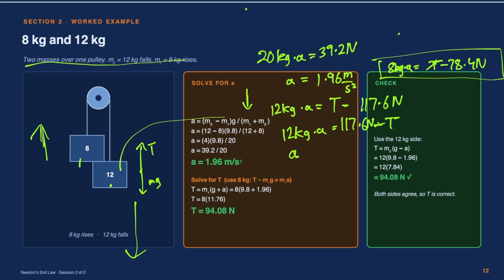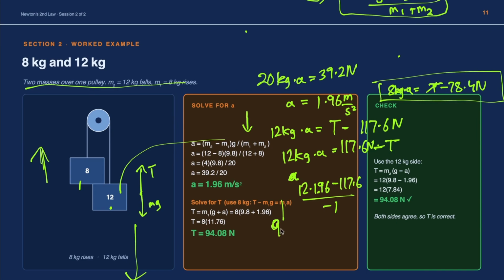So acceleration, we can substitute in 1.96, 12 times 1.96, minus 117.6 divided by negative 1. So that should give us 12 times 1.96 minus 117.6 divided by negative 1, 94.08 newtons. Okay, and that's how you solve an Atwood machine.